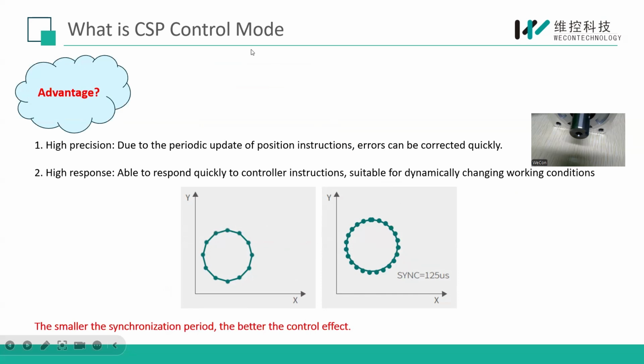For example, if we want to do circle interpolation, with a smaller synchronous cycle, this circle will be smoother. It is better here.